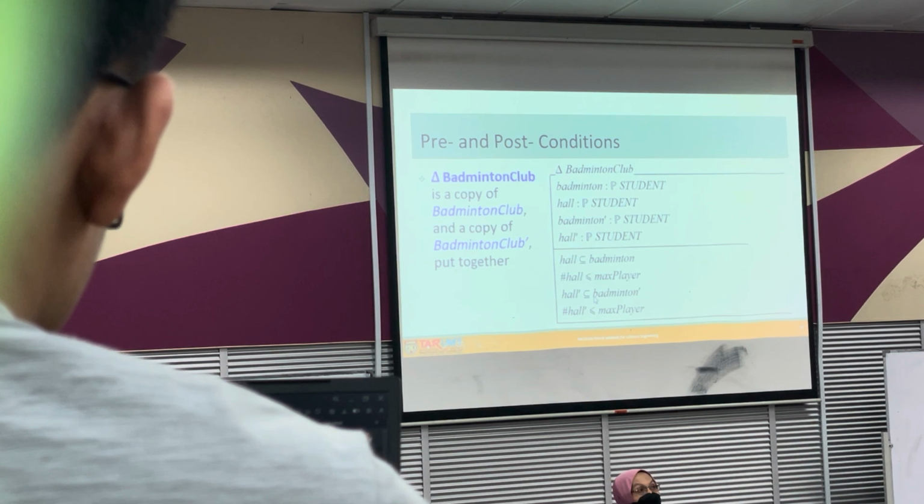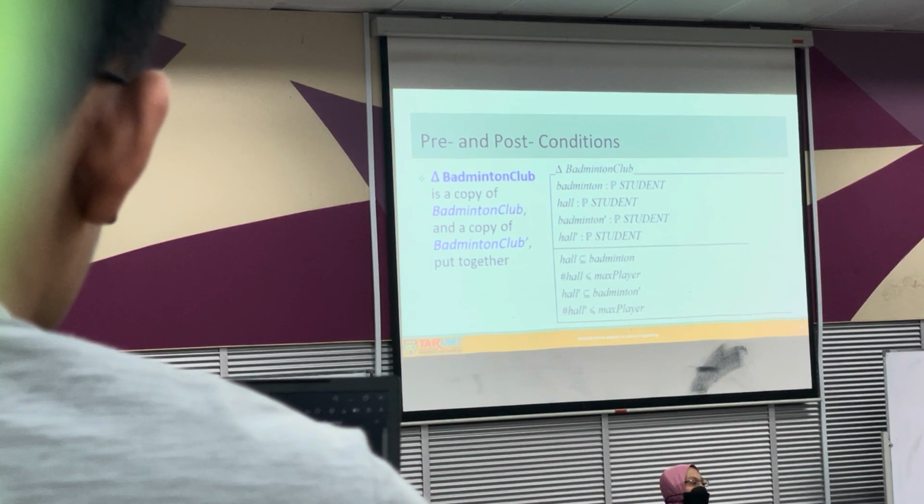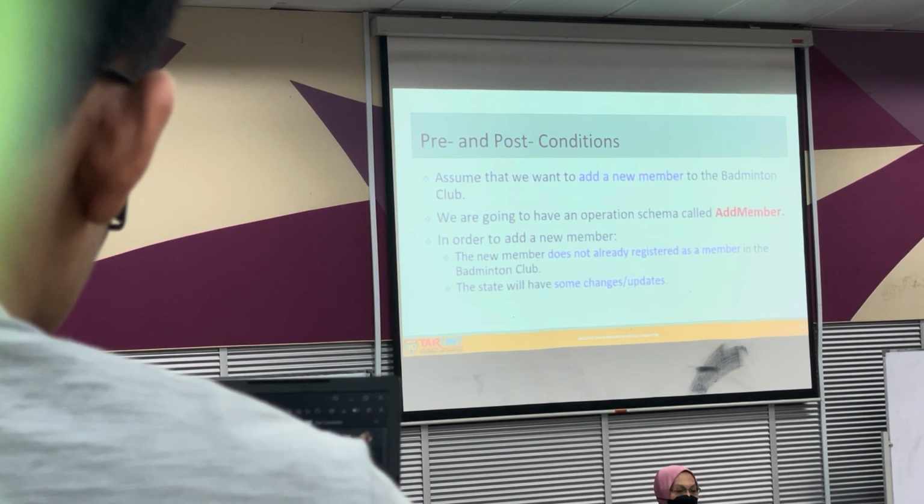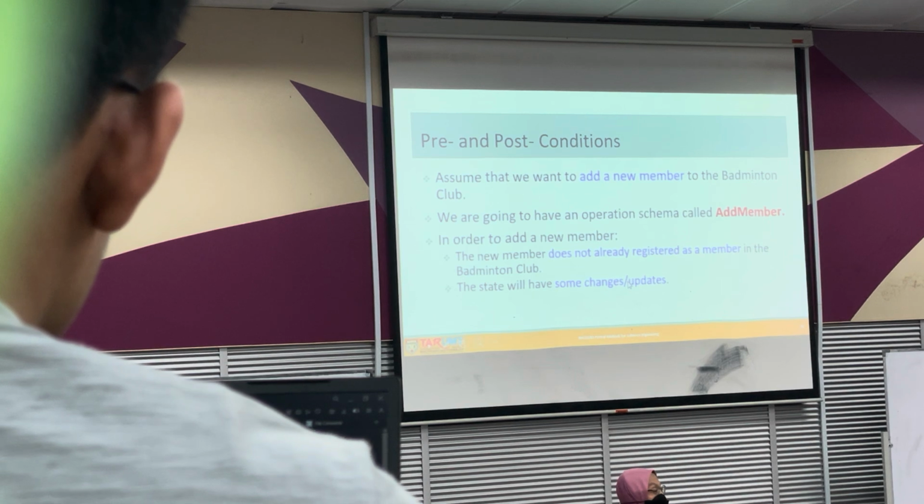It's like you skip the line of putting the prime variable. You skip this part. Just do the Triangle Badminton Club later. Okay, so let's say I want to add a new member. So this is an operation schema already. I want to add a new member.